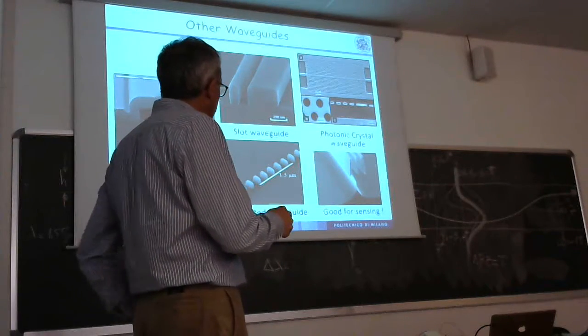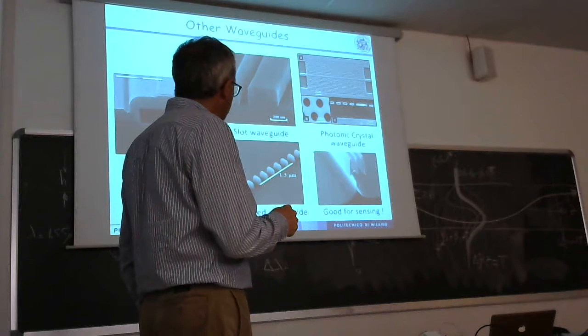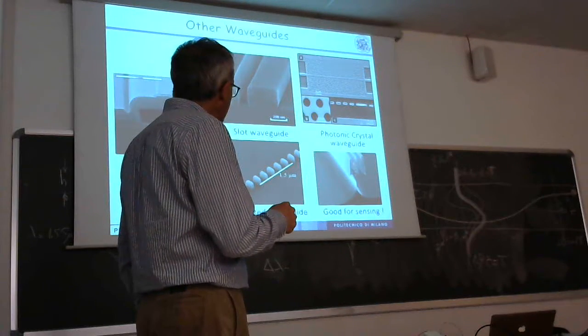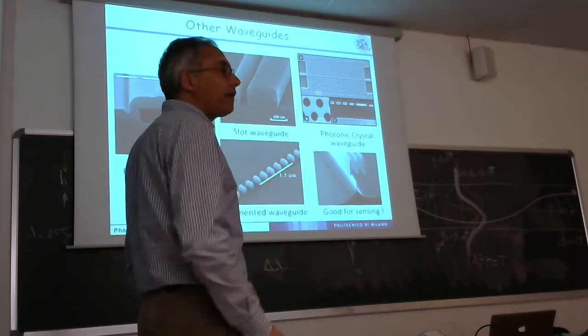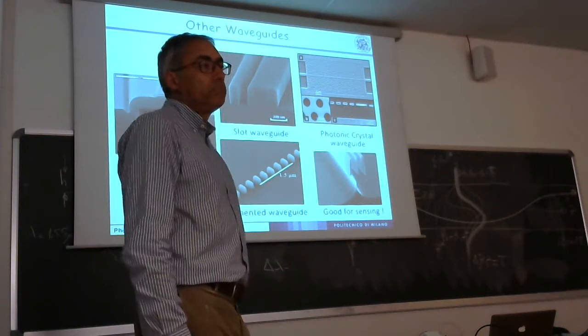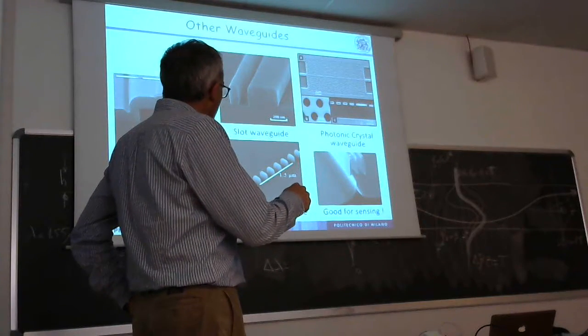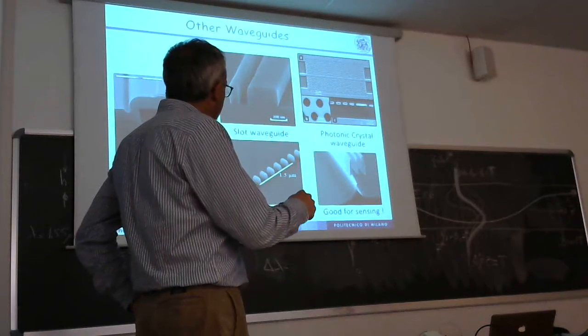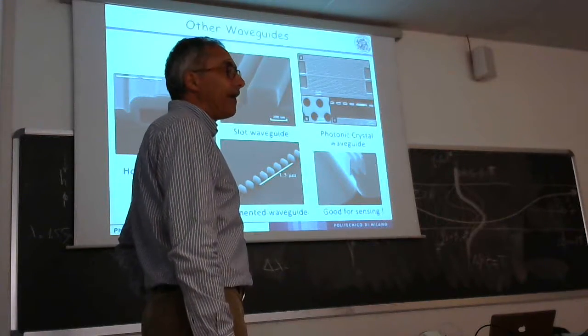Also, this one is a good sensor. It's a very bad waveguide for propagation, but it's extremely good for sensing. They divide the core in 3 very thin fins. So this is the core, and the cladding is the air that surrounds the material, suspended in air.